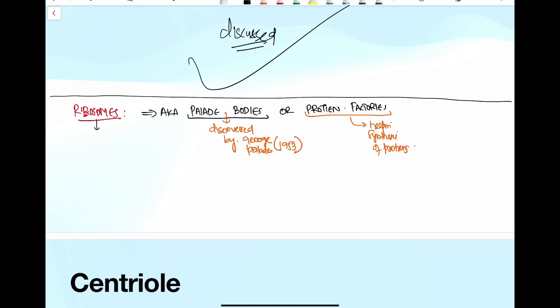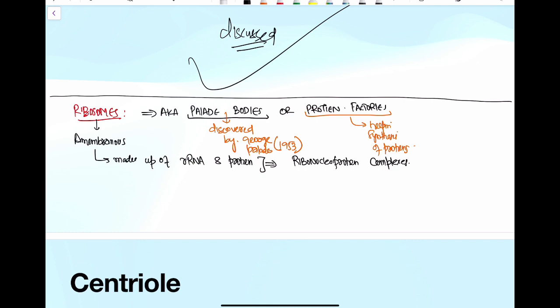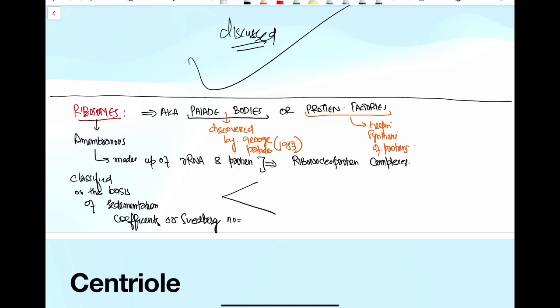Now, an important thing about them, they are amembranous structures, made of only two things: rRNA and protein. That's why some people like to call them ribonucleoprotein complexes. Okay, and they are classified on the basis of their sedimentation coefficients, or what we call Svedberg's number, which actually measures the density, into two types: 70S ribosomes, which are less dense, and 80S ribosomes.